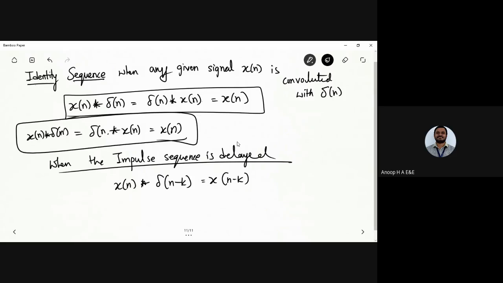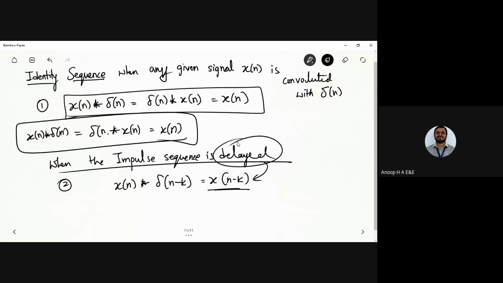Okay, so the signal is shifted, that is, the delay of an input signal can be written directly. So these are important identities which will generally be asked in your competitive exams.